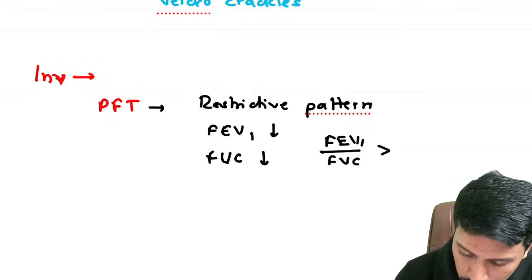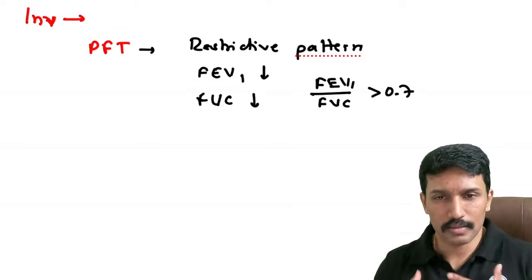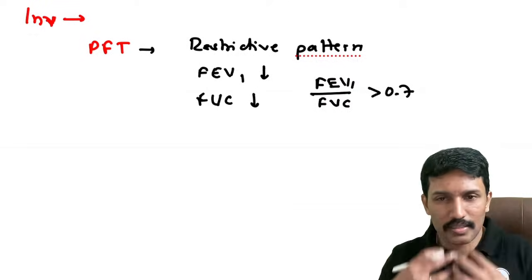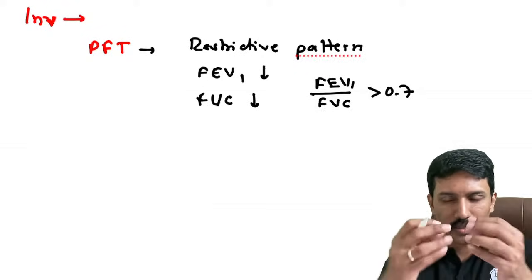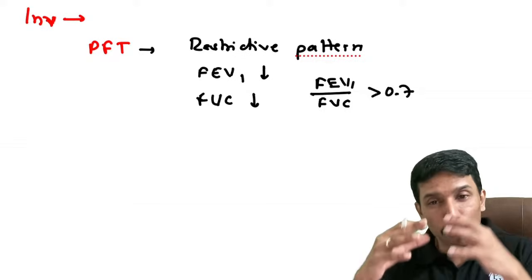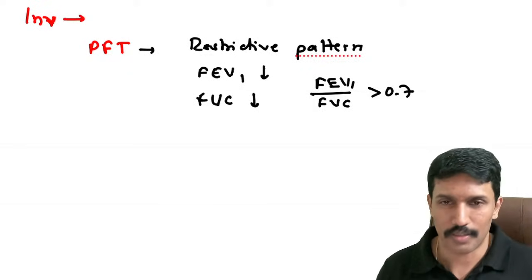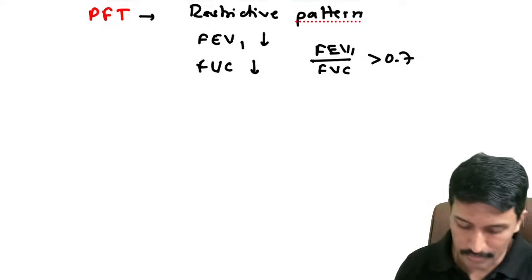It comes out normal, which is more than 0.7. The lung is restricting, so less air gets into the lungs, less air goes out. So the FEV1 and FVC are proportionately reduced, and that's why the ratio comes out as more than 0.7. This is a classical restrictive pattern.